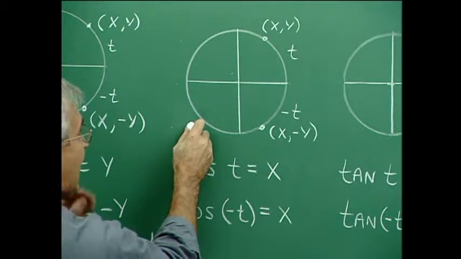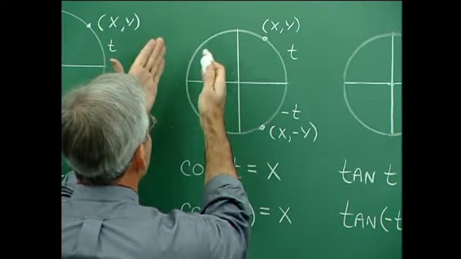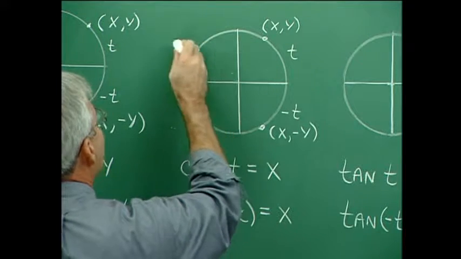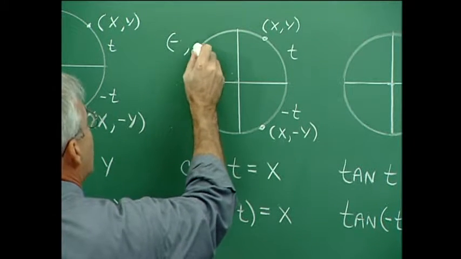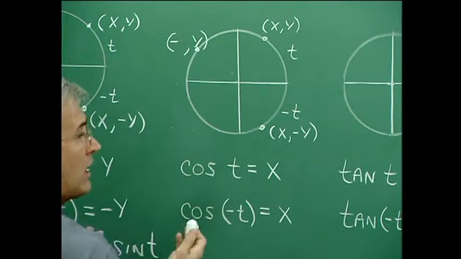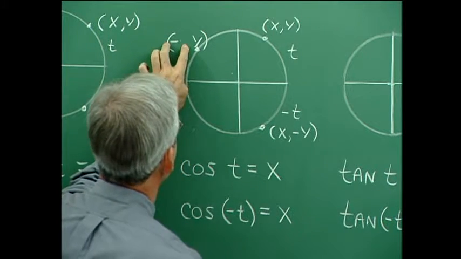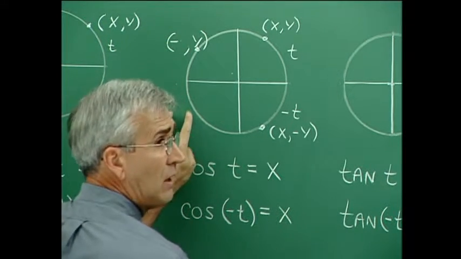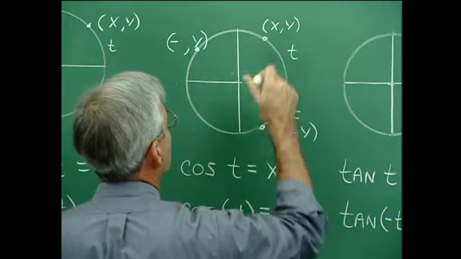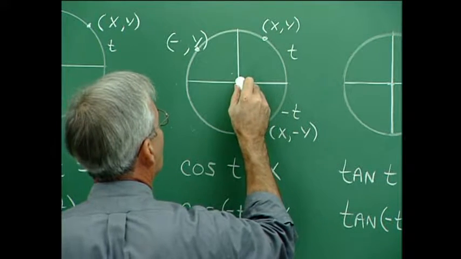Although the x over here would be a negative value, negative something or other, and the y we don't care about, it's a negative x over here as well. So it's that x portion that we're thinking about.